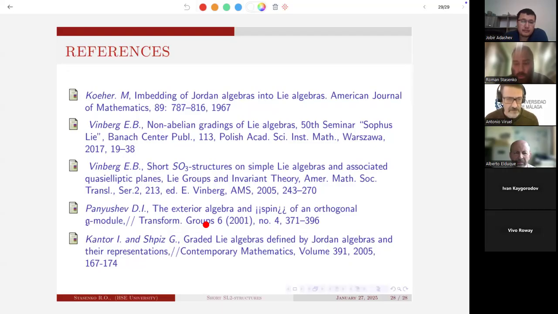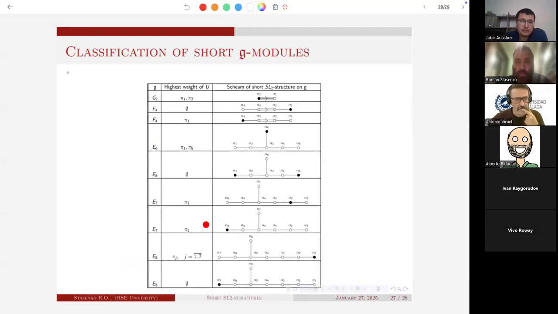Of course, I know about this classification, but in my paper there is a special reference to it. Of course, you can obtain this classification from this.